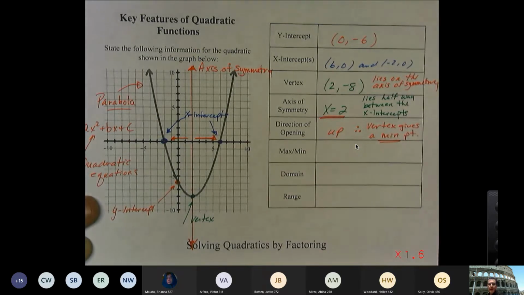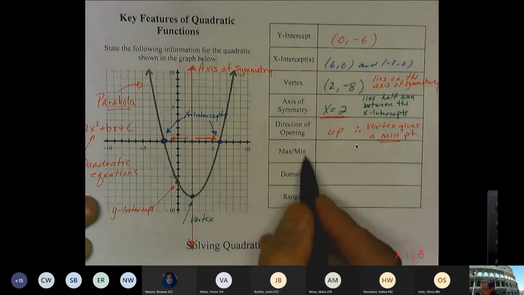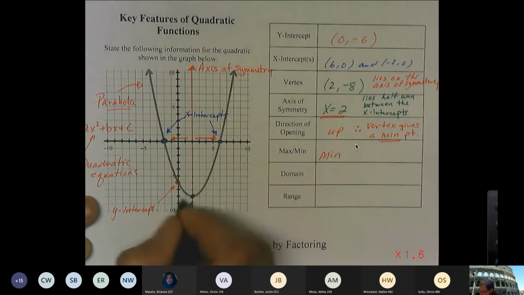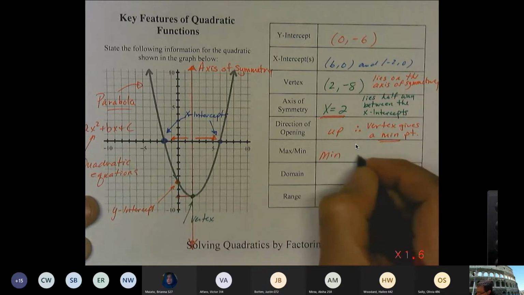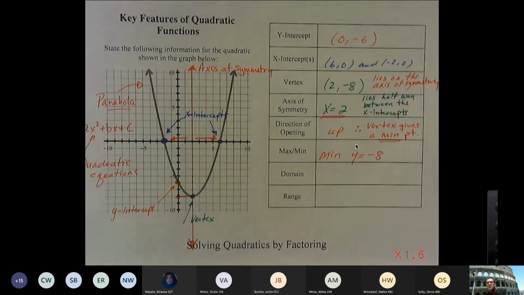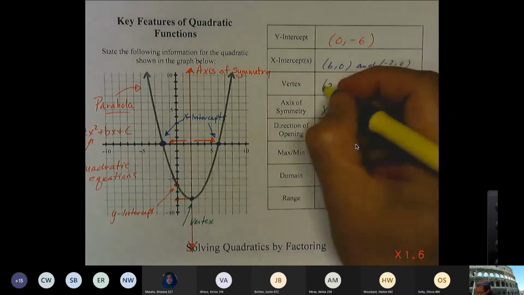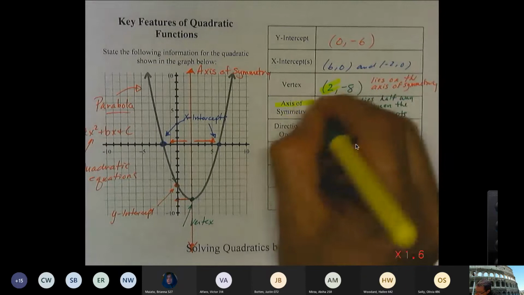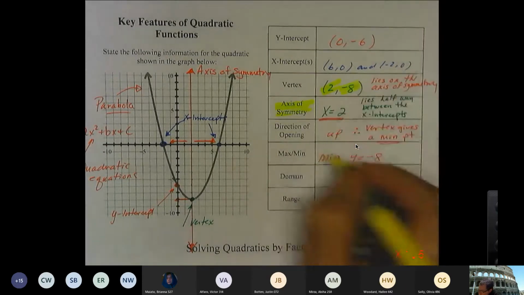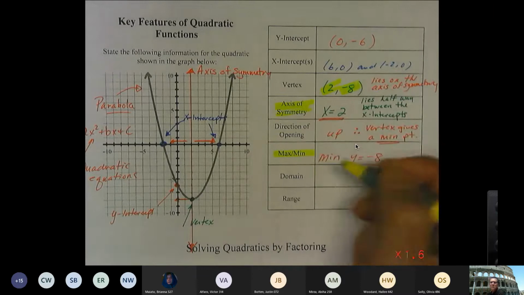Okay. In this case, what is the max or minimum? Well, we've got a minimum, and its value is -8. So notice the vertex, its x value is the axis of symmetry, and its y value is the max or minimum value.